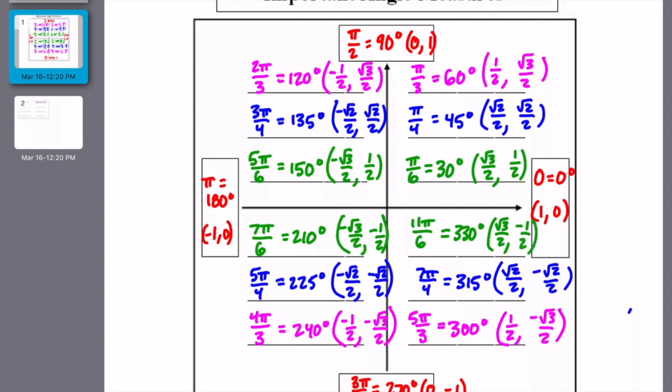As we mentioned previously when we did the unit circle, there's a lot of patterns going on here.